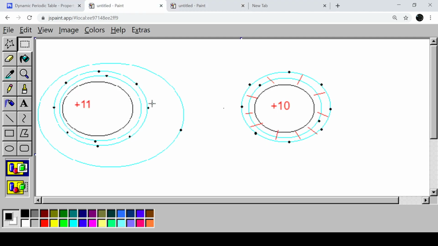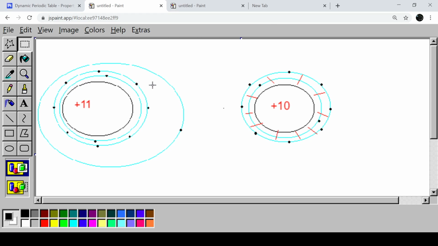So I want to go back to our picture right here, and I want you to go ahead and think, all right, which one of these is going to be able to hold on to an extra electron better? The one that has the really large size here, or the one that's a little bit smaller?